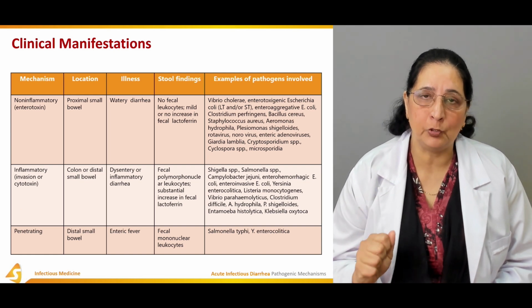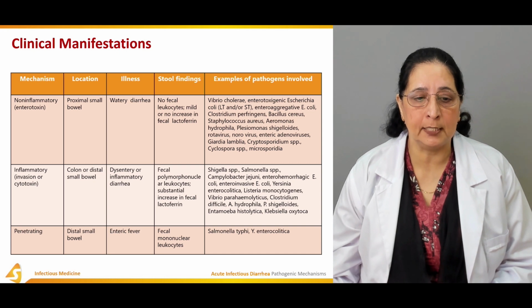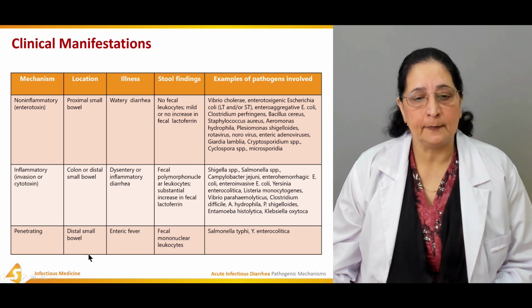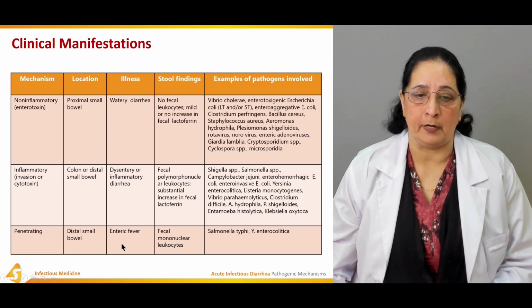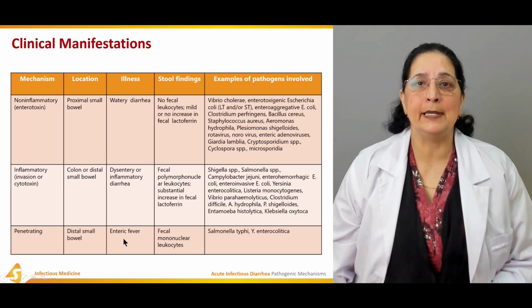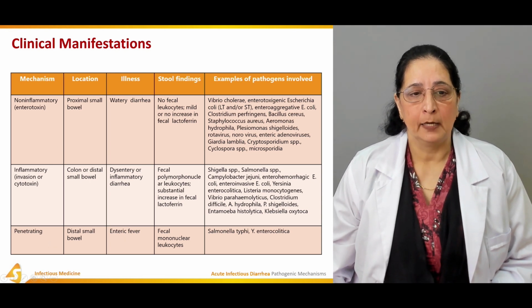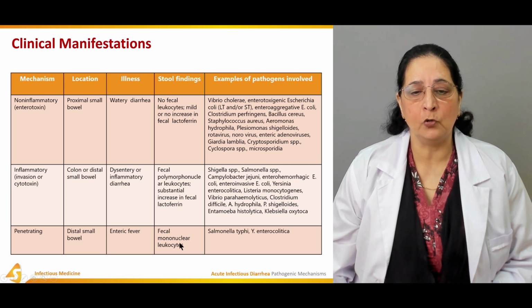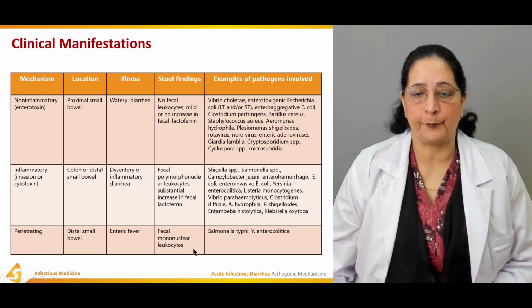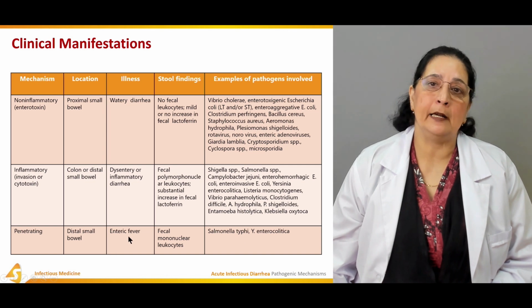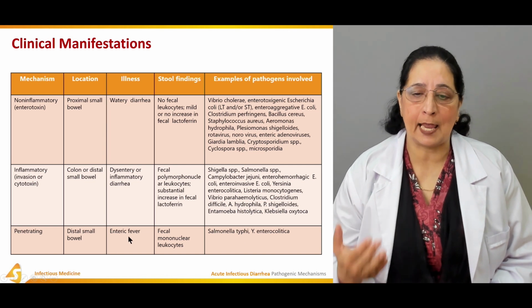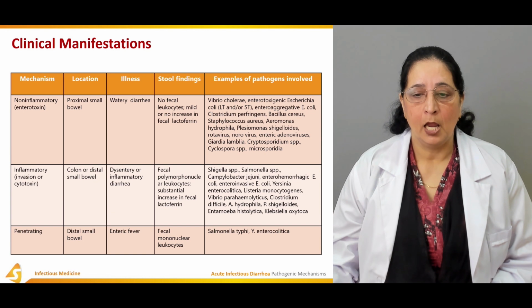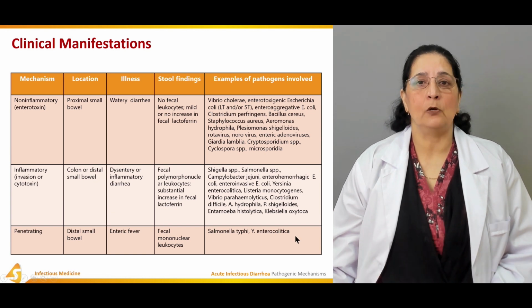Then the last type is penetrating. Now it is actually invading, penetrating small bowel disease. Enteric fever occurs as a result of the penetrating mechanism. Fecal mononuclear leukocytes are present, and this type, enteric fever, is caused by Salmonella typhi and Yersinia enterocolitica.